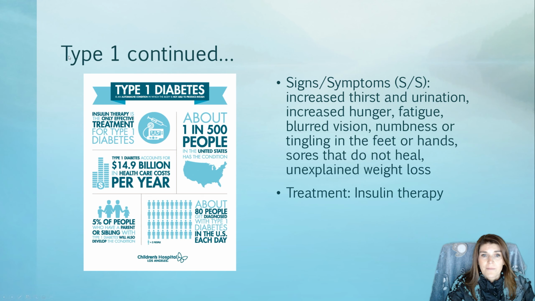So I thought this little infographic was kind of helpful, so you can see what kind of statistics we are facing here. About 1 in 500 people in the United States has this condition. Here are the signs and symptoms that we already talked about a little bit: increased thirst and urination, increased hunger, fatigue, blurred vision, numbness or tingling in the feet or hands, sores that don't heal.